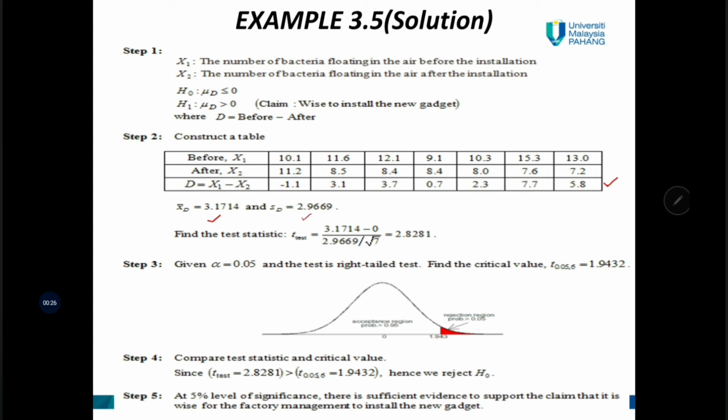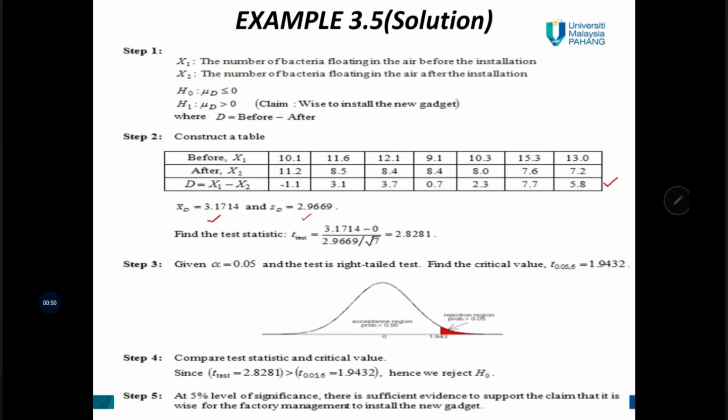After that, apply the formula for the t-test. Because this case is mu d, for our course we only consider the case of population variance unknown and sample size small. Then simplify the answer to 4 decimal places, so step 2 is complete.